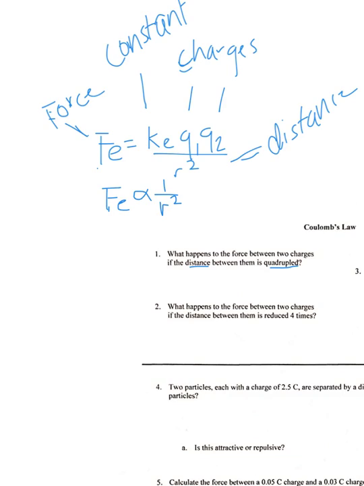What we're going to do is plug in how R is changing to that proportionality. So we have 1 divided by, and then what's happening to our R? Well, our distance is quadrupled. So quadrupled means 4 times. So our distance is going to be 4 squared.